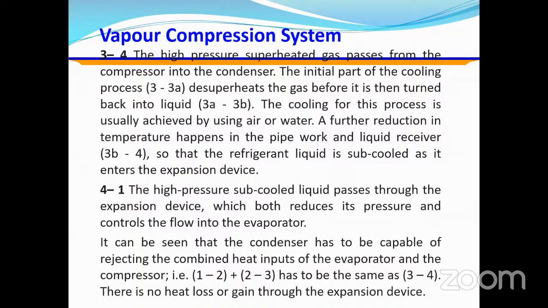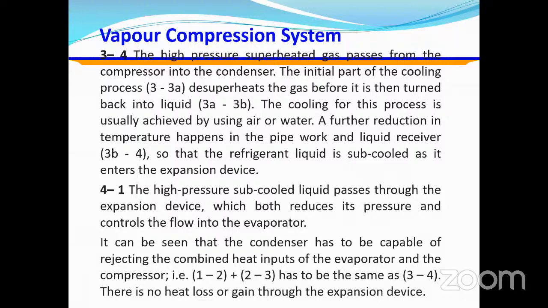Then 3 to 4, the high pressure superheated gas passes from the compressor into the condenser. The initial part of the cooling process, that is 3 to 3A, desuperheats the gas before it's then turned back into the liquid. That is 3A to 3B.